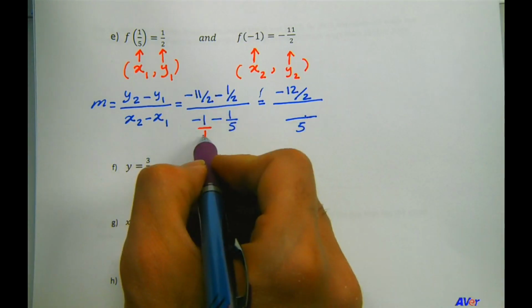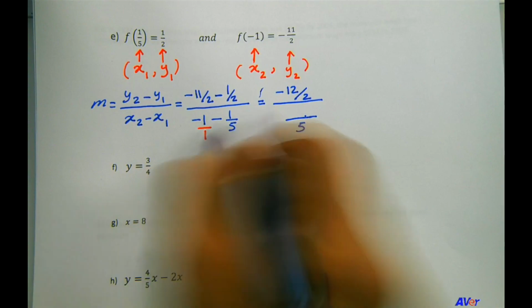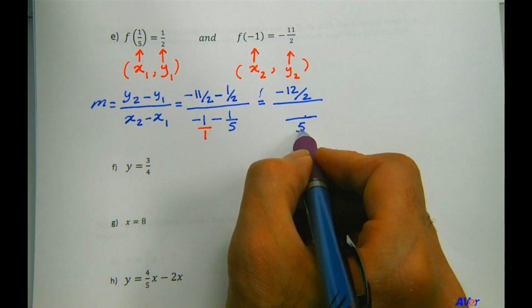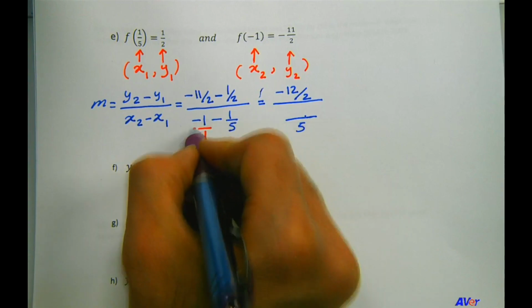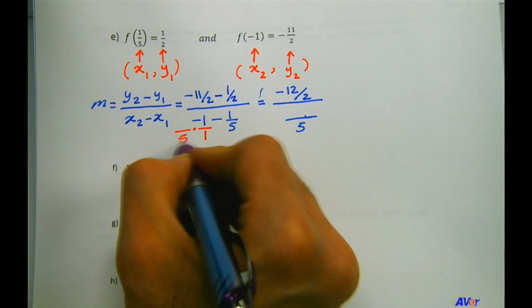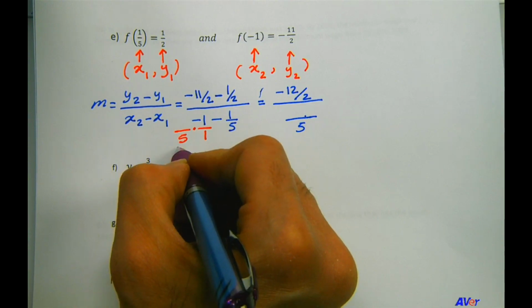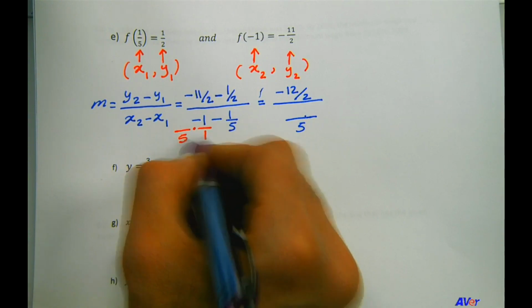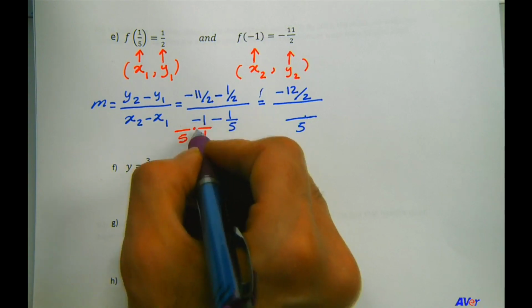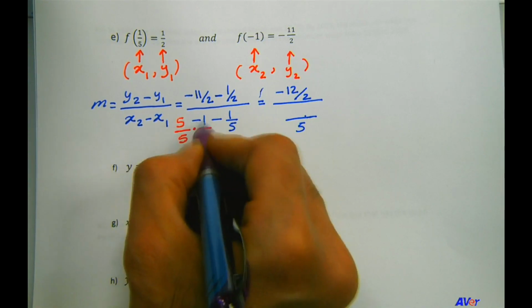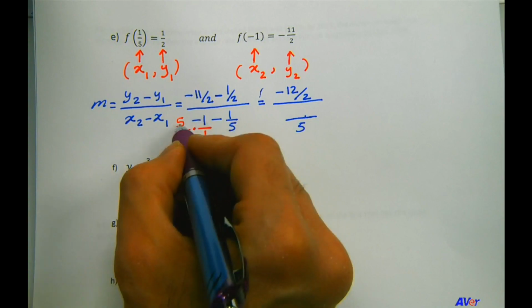How about this? Well, this is 1, but the common denominator is 5. We need to make this denominator equal to 5. The way we do that, we multiply the denominator by 5. But we can't do that to the denominator and not do the same thing to the numerator. So we also multiply the numerator of this first fraction by 5.